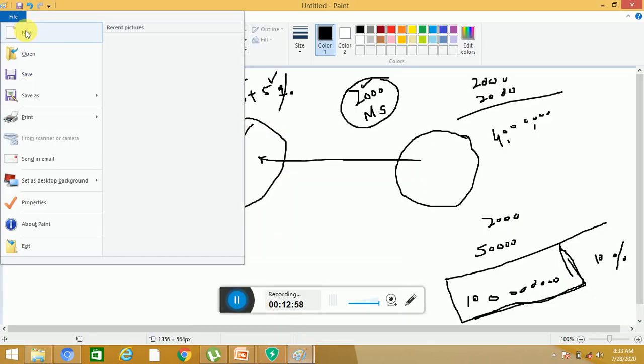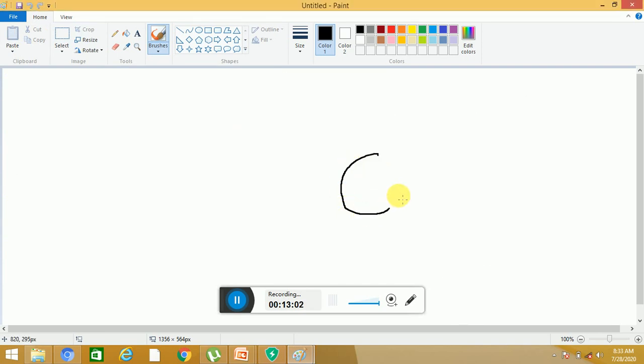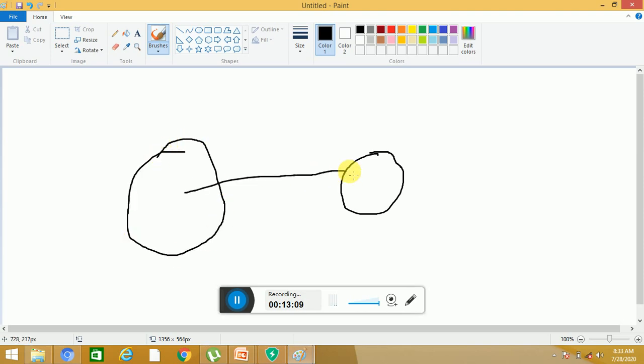Suppose this is one country, this is another country. Now you can import only 10,000 units, not more than 10,000 units. So this is called a quota, a quantity limit.